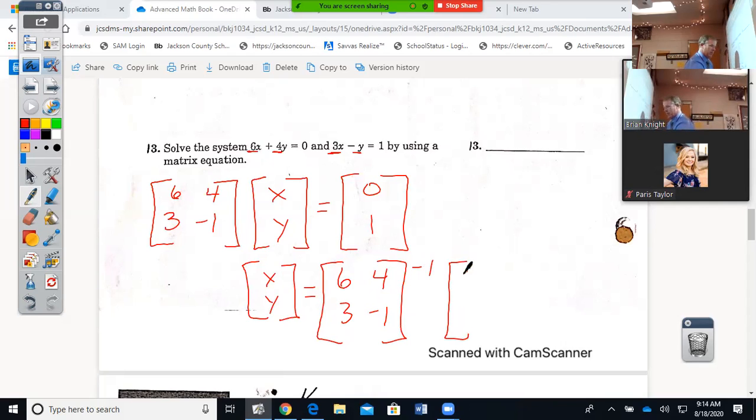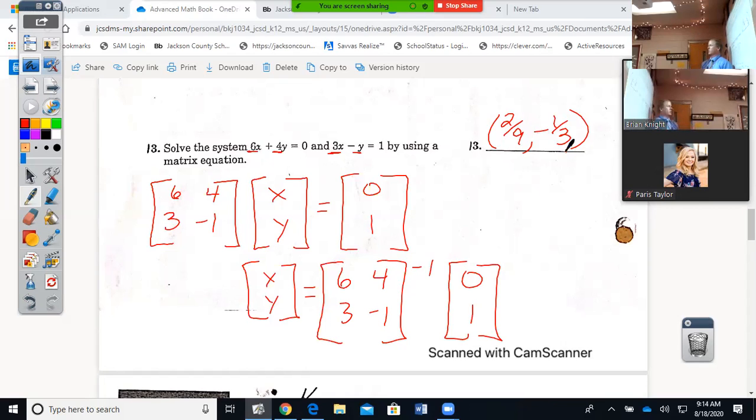And then 0, 1. And you just stick that in your calculator. It should tell you that you get 2/9 and -1/3. Okay, that would be an example of, hey, on 13, you're going to get fractions, you're going to get decimals. It's okay, all right?